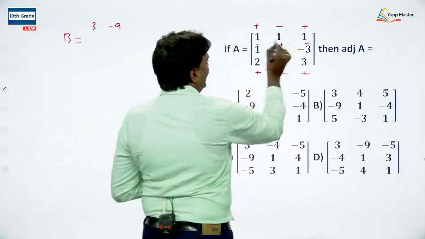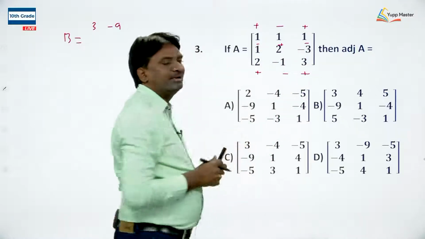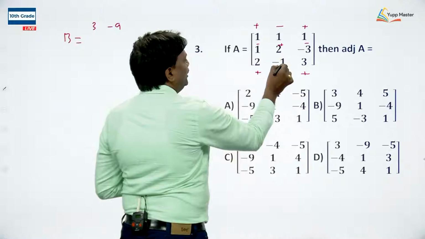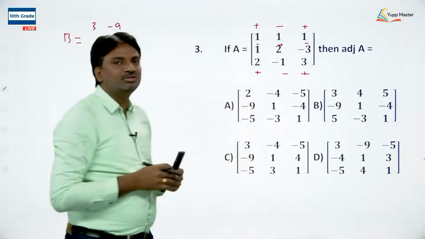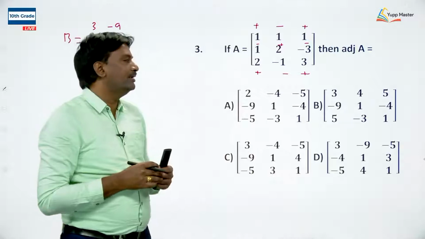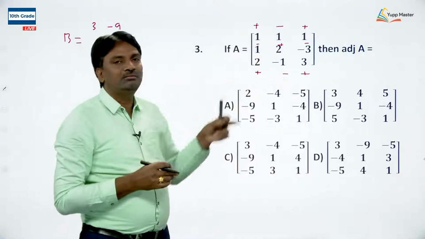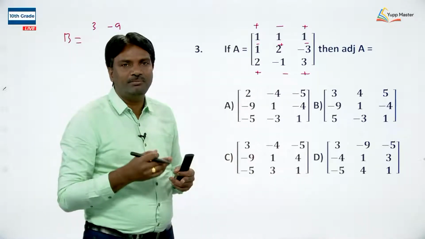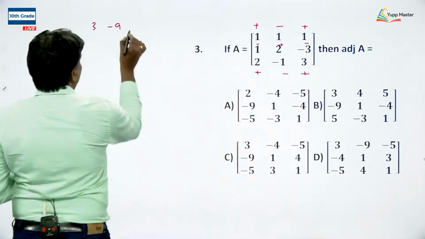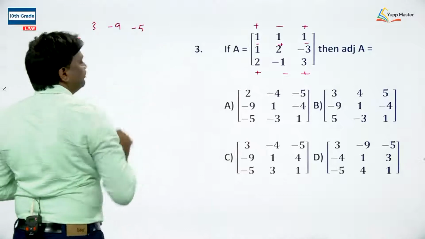Next, take 1. Eliminate the row and column containing 1. The remaining elements are 1 2, minus 1 1. 1 into minus 1, minus 1, minus 2 into 2, 4. Minus 1 minus 4 is minus 5. But here the sign is plus, so plus into minus is minus only. So that is minus 5.